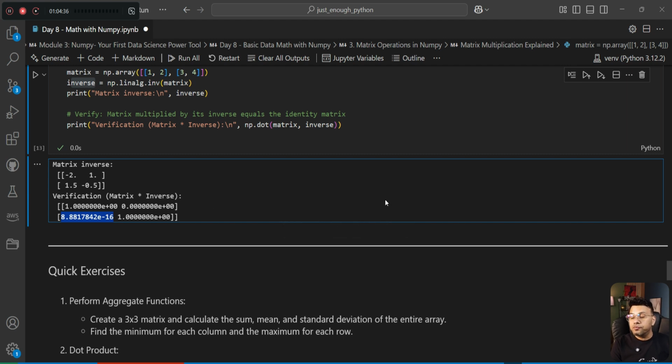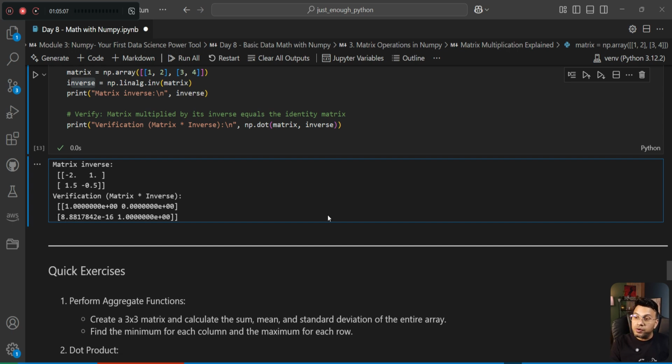This is very, very close to 0. So what we have here is 8.8817842 times 10 to the power minus 16. So essentially it means you have 0 point and then 15 zeros, and then you have 8. So it's like 0.000 with 15 zeros, and then eventually you have 8.88 something.